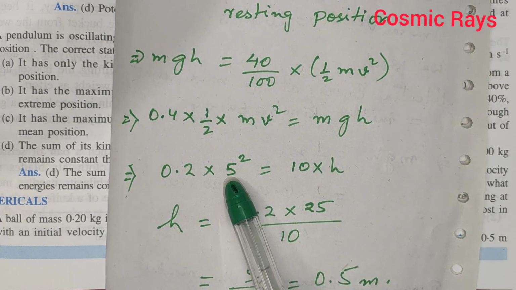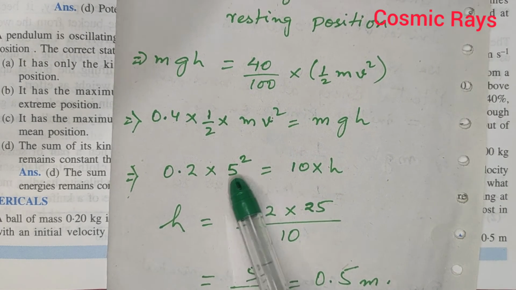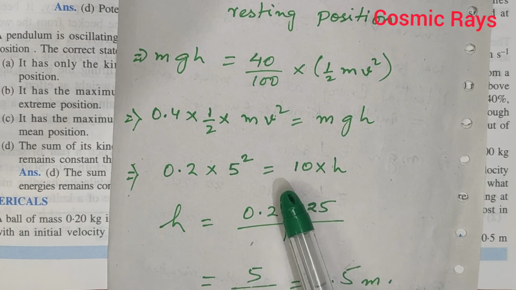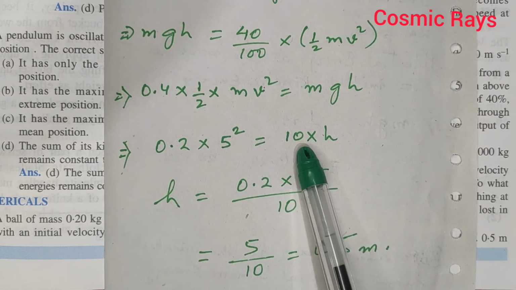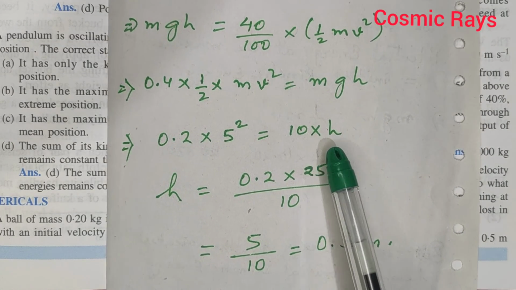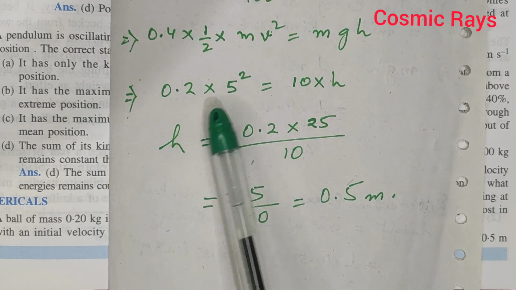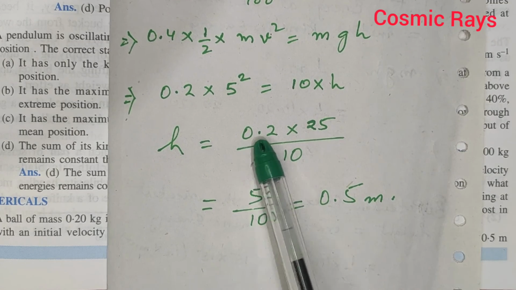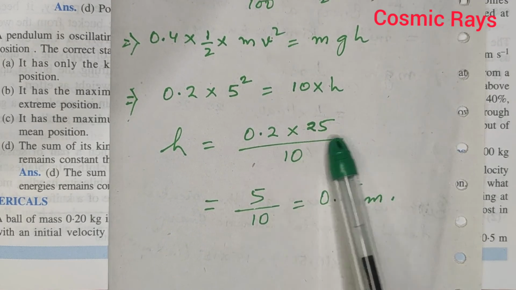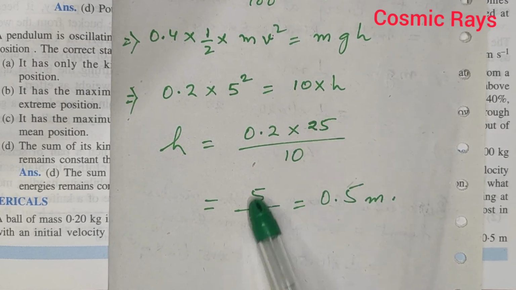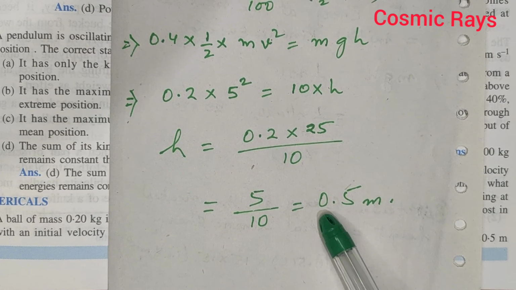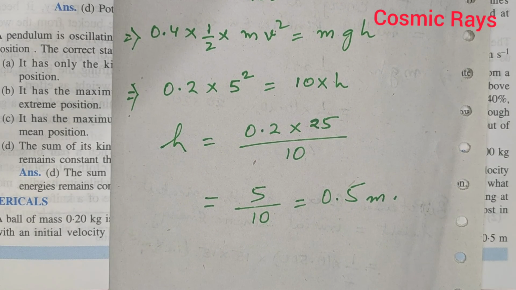Velocity is 5 meter per second, so velocity square is 5 square. That is equal to g is 10, acceleration due to gravity, multiplied by the height, which needs to be calculated. So height will be this divided by 10. So 0.2 multiplied by 25 divided by 10. This comes as 5 divided by 10, that is 0.5 meter.